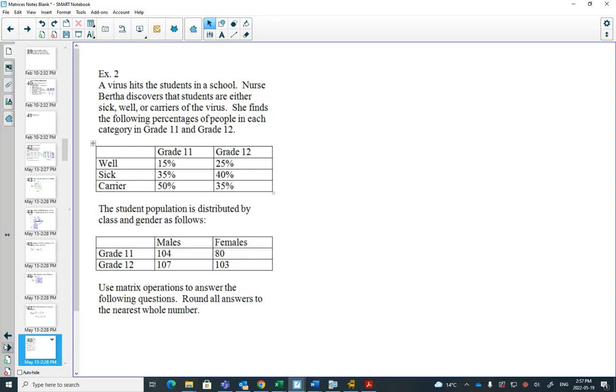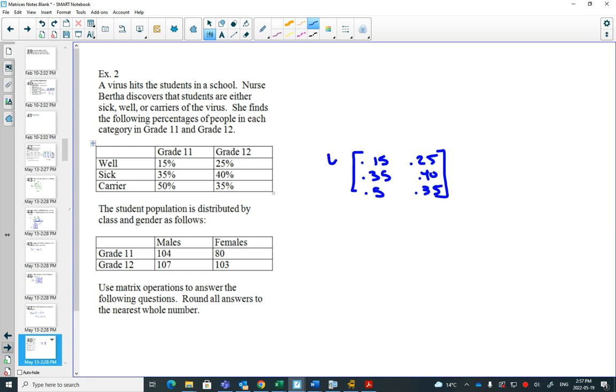So what could we do? We could make this a matrix. We could have a matrix with percentages, 0.15, 0.35, 0.5, 0.25, 0.4, and 0.35. And this first matrix is well, sick, carrier, and grade 11 and grade 12.